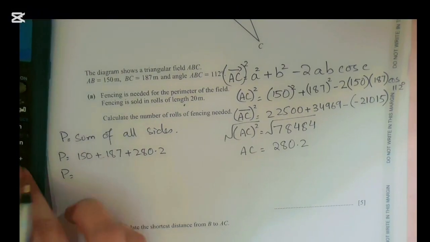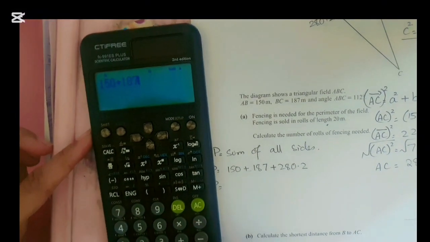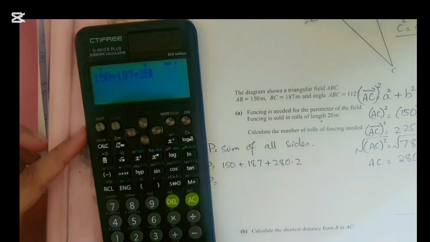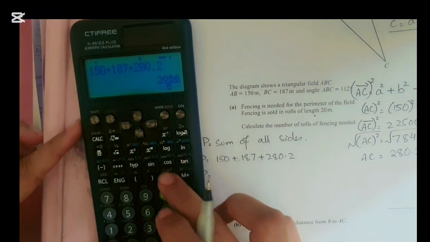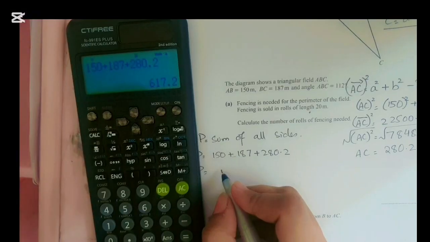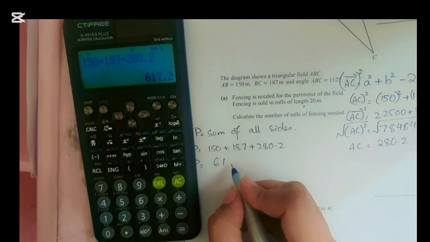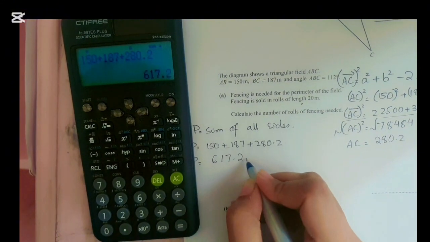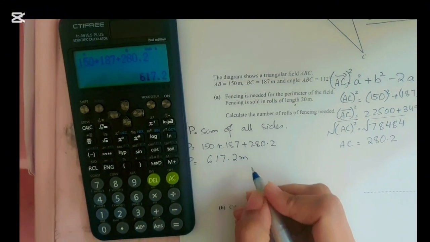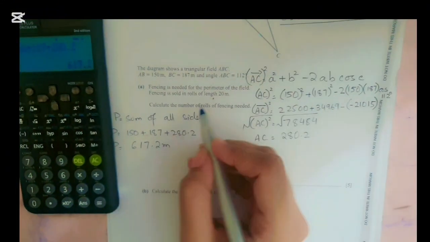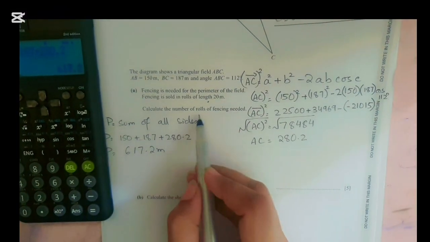Just use the calculator, 150 plus 187 plus 280.2 is equal to 617.2 meters.